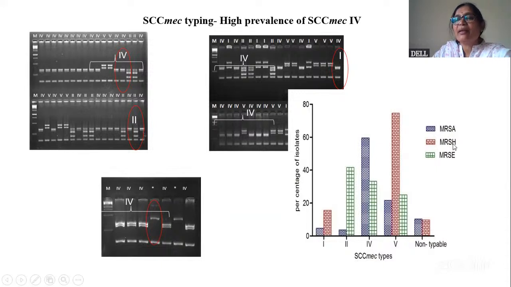Whereas the MRSH, that is the methicillin-resistant Staphylococcus hemolyticus, possessed the class 5 SCCmec. But class 4 was more predominant, which also suggests that the class 4 cassette is a smaller one, and perhaps the transformation or the transduction would be much easier, and therefore more SCCmec type 4 has been seen in Mysore city, and this we have published at a later stage.